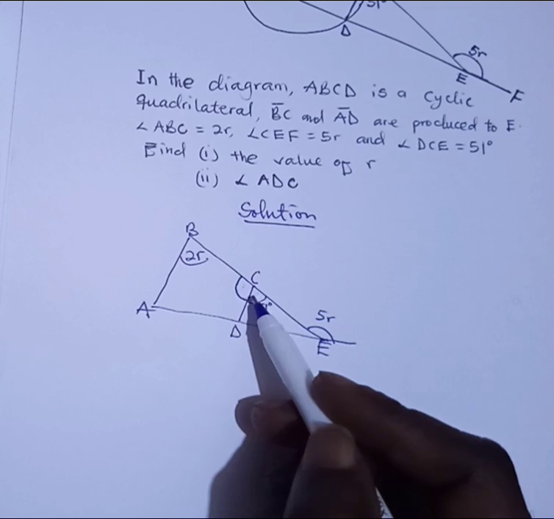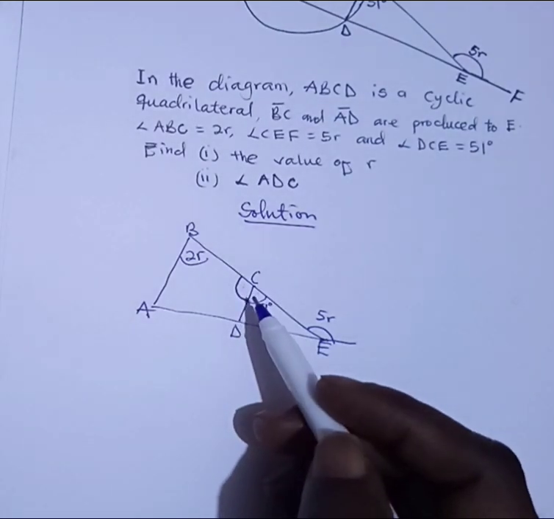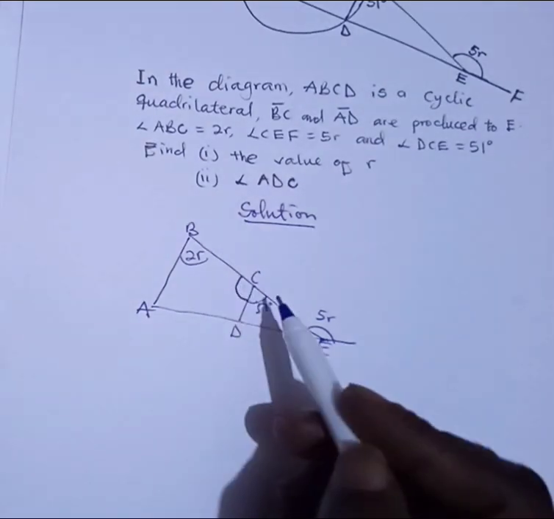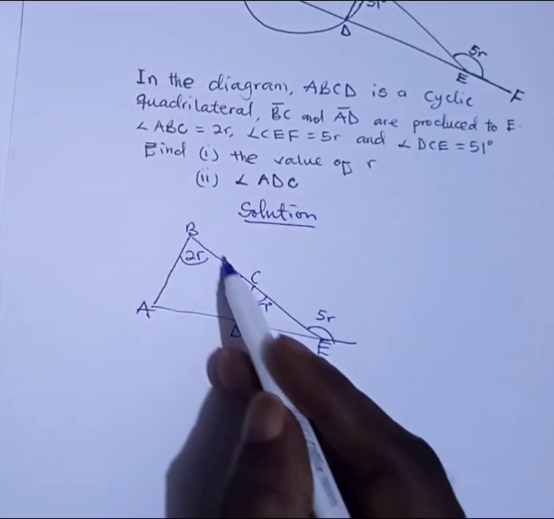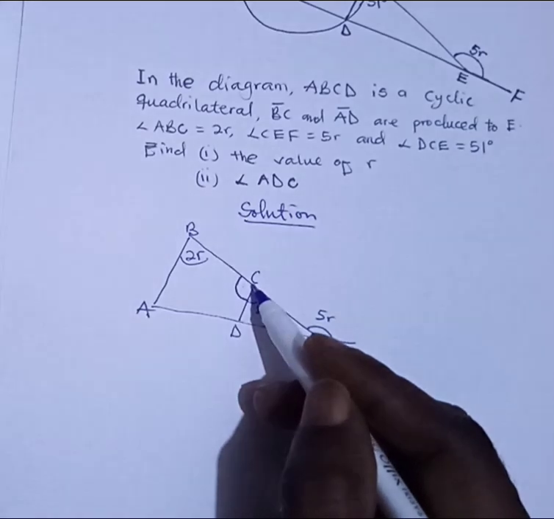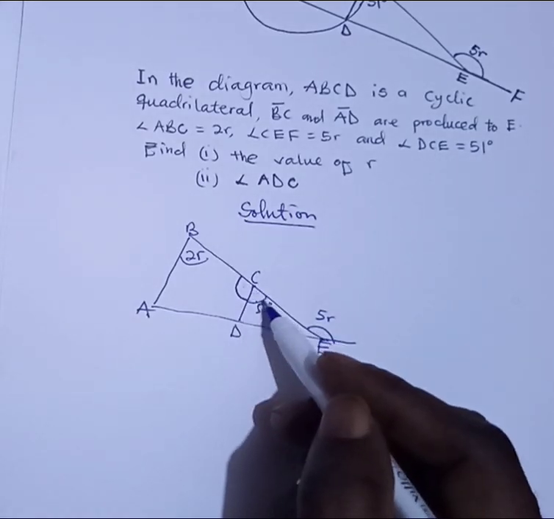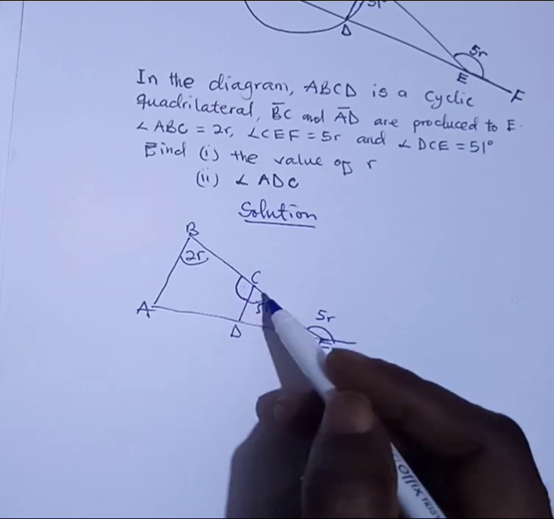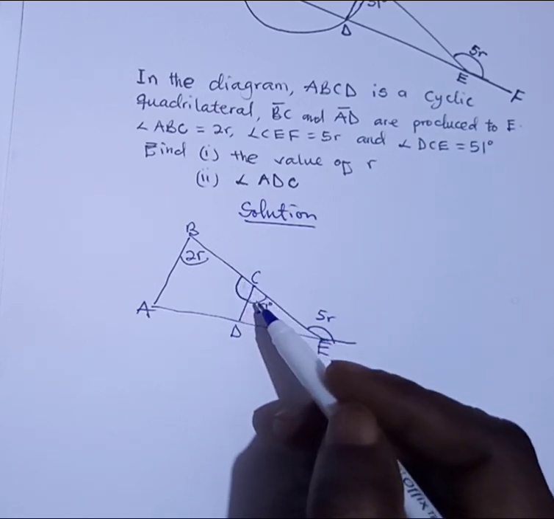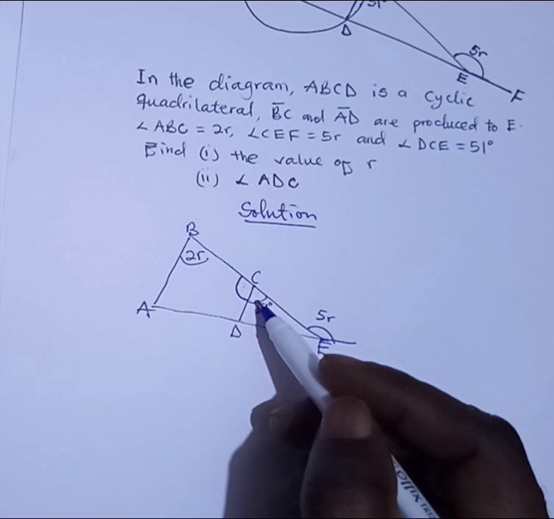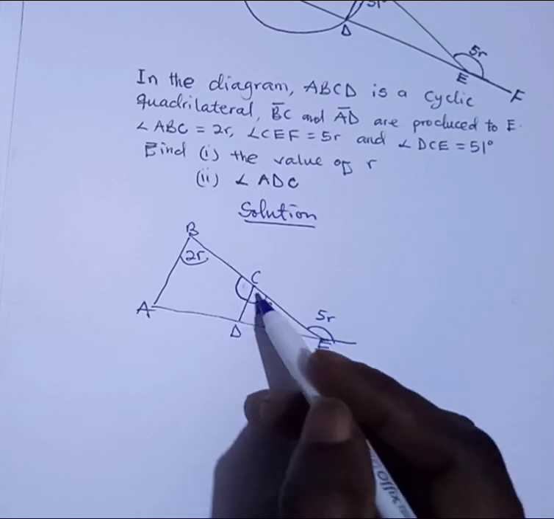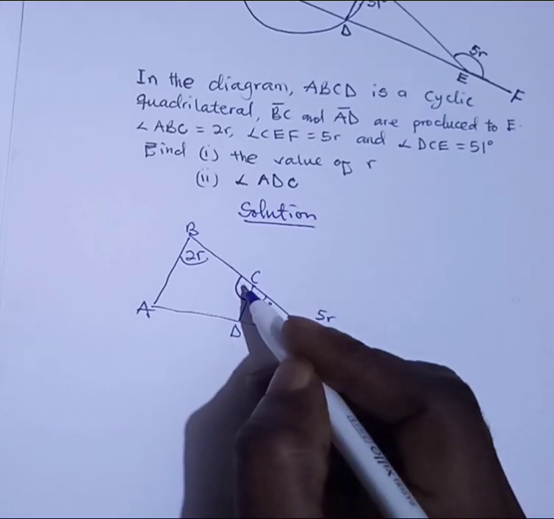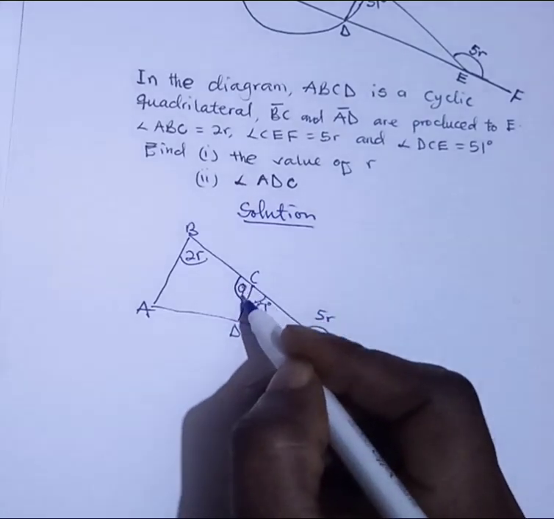You can recall in plane geometry 1, we say that this is a straight line, and you have angles from here. The sum of angles formed on a straight line gives us 180 degrees. So we can quickly find this angle here. Let me call this angle a, small a.